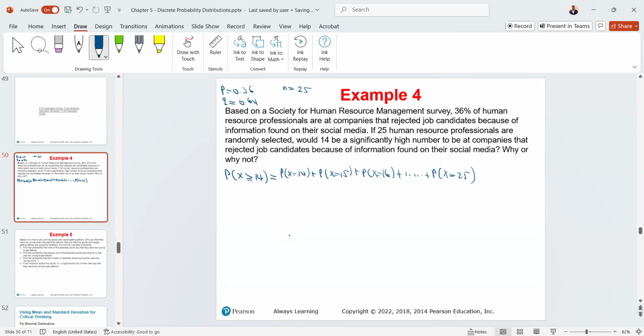Or the best to do in this case, at least 14, you need to use distributions from your calculator. Then after distributions, you do 1 minus, because at least is greater. So you need to do 1 minus binomial CDF of N, P, X, where N is 25, P is 0.36, and X would be, in this case, 13.